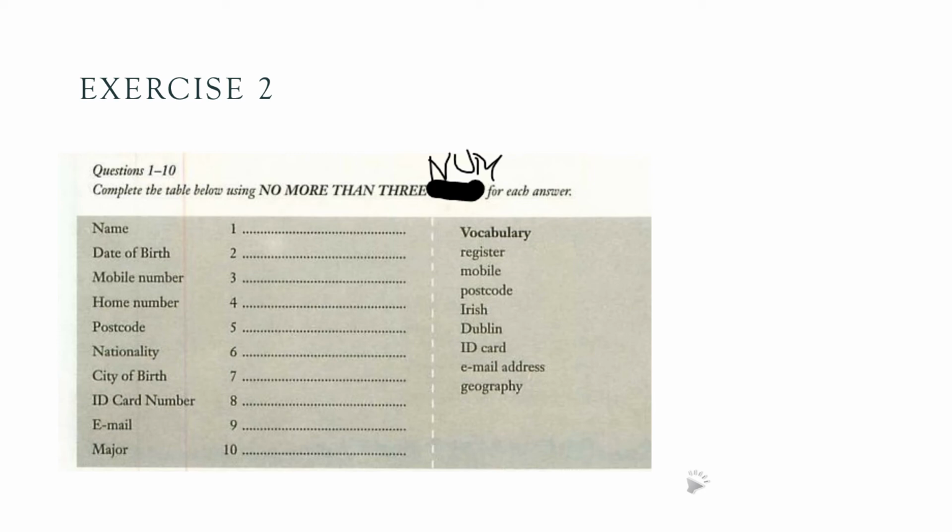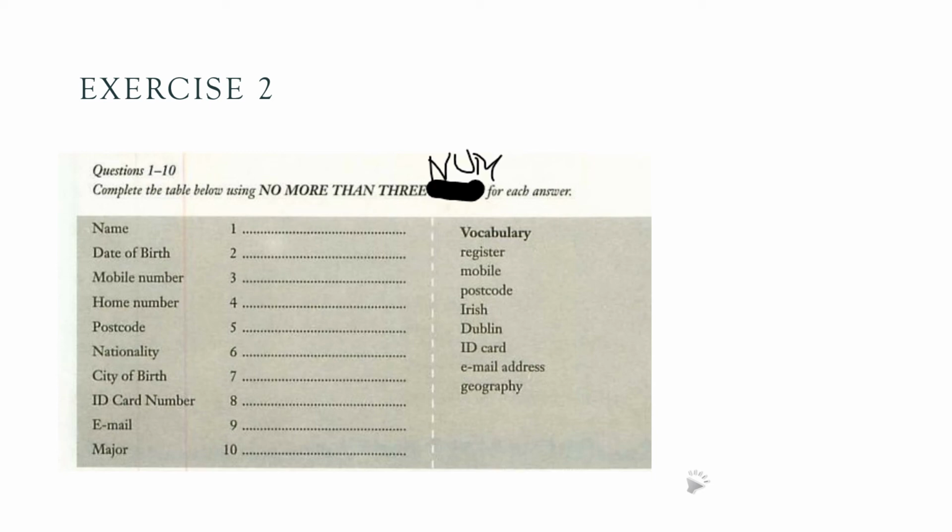Hello, are you here to register? That's right. My name is Peter Smith, spelt P-E-T-E-R-S-M-I-T-H. What's your date of birth? The 10th of the 10th, 1975. And your telephone number?